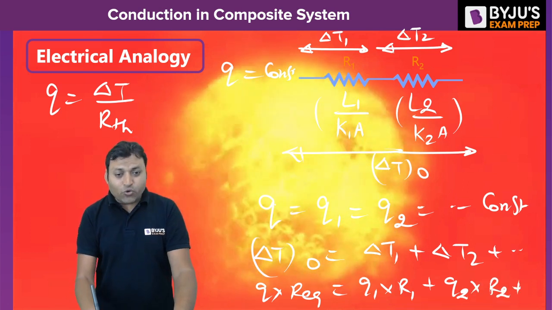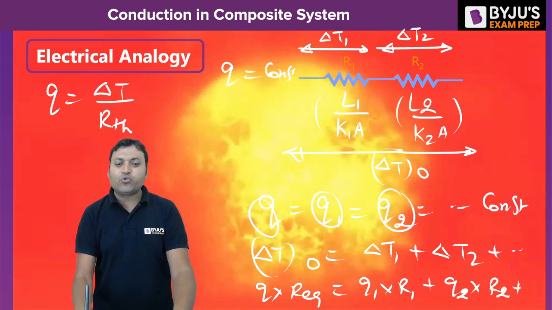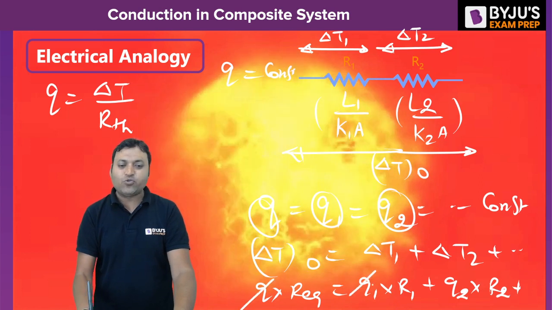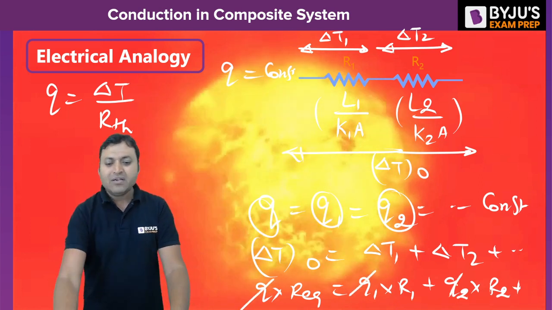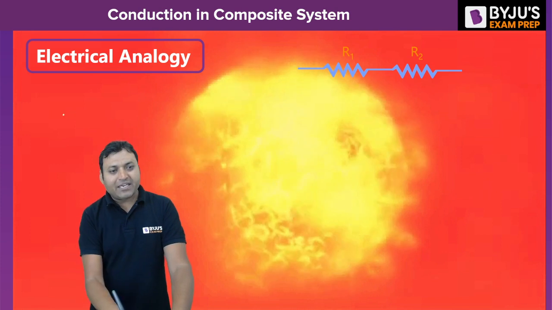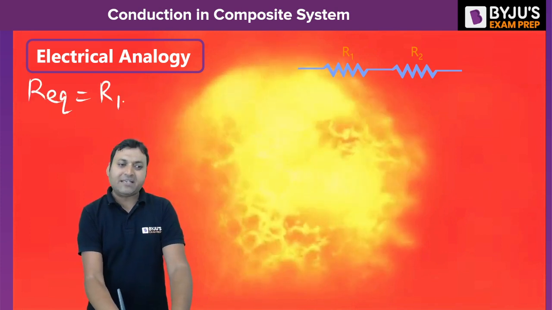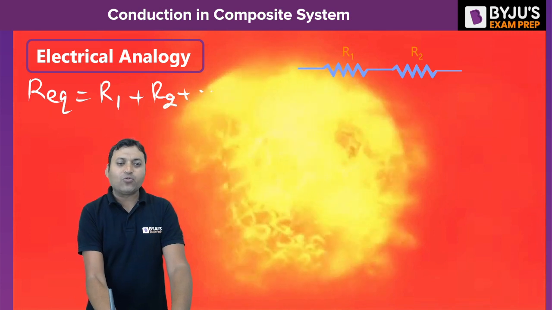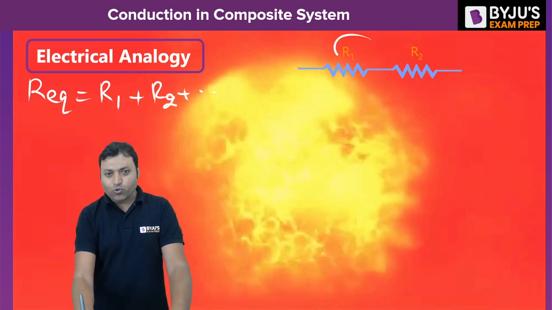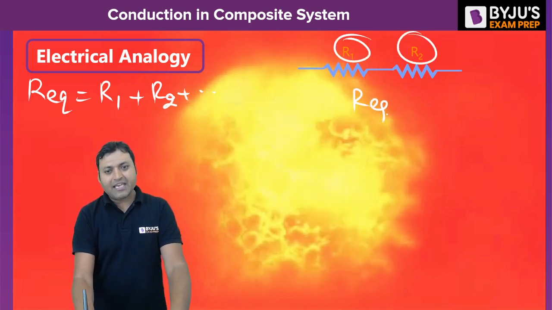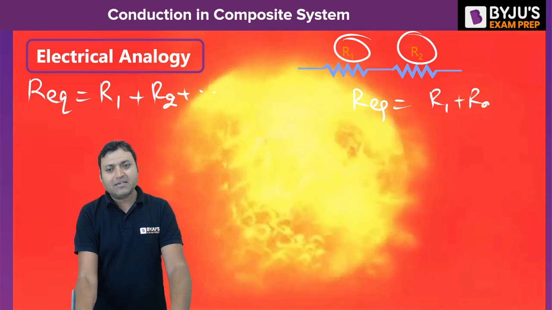Because Q is equal to Q1 is equal to Q2 for series combination, the Q1, Q2 get cancelled out, and for series combination we get the equivalent thermal resistance as the sum of R1, R2, R3 and so on. For two resistances, R equivalent will be simply R1 plus R2.